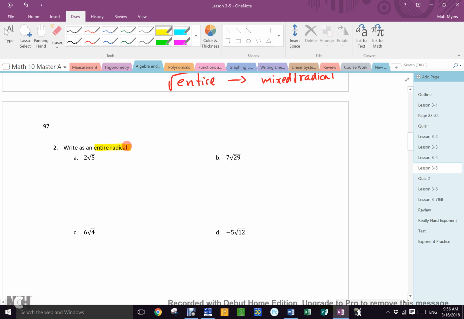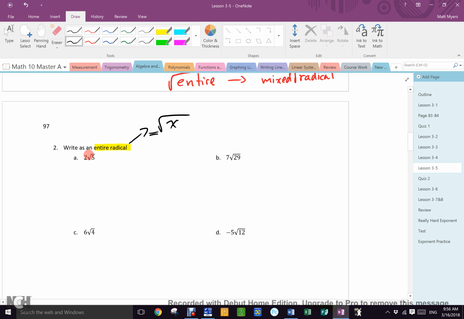Now I want an entire radical. What does an entire radical look like? That. There is nothing out front. So in this question, I have a 2 out front, yes? Now if there is a 2 out front, what should my index here be?